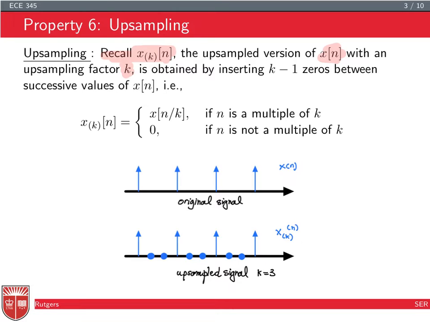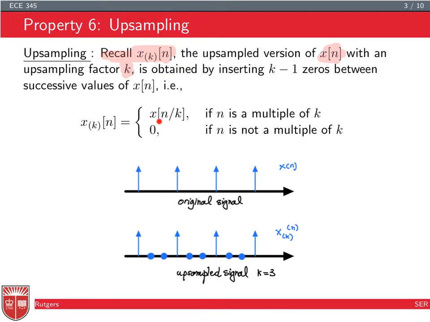It is obtained by inserting k minus 1 zeros between two successive values of x of n, and the zeros are added at equal intervals between the two signals, as you can see here. In a formal way, this is how we write it: x k of n is equal to the original signal at n by k, because here we multiplied the times by k, and otherwise, it's equal to 0.